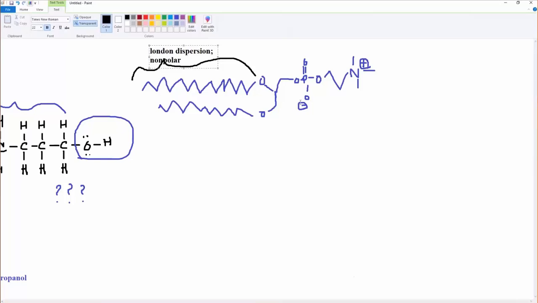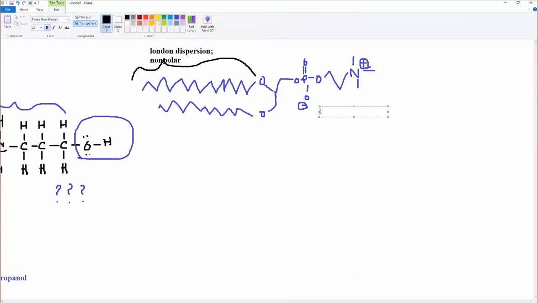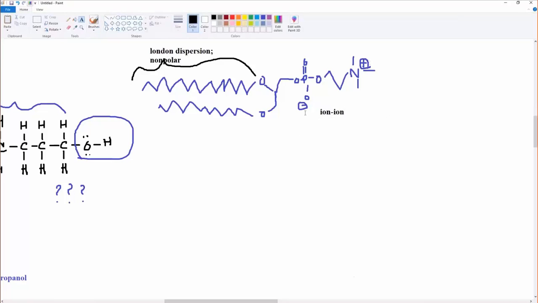And then over here you have positive and negative charges. This isn't like my OH where I have hydrogen bonding. No, I have ion attractive forces going on up here, right? And that gives this molecule the property that this end really wants to be soluble in water, and this end really doesn't want to be soluble in water.